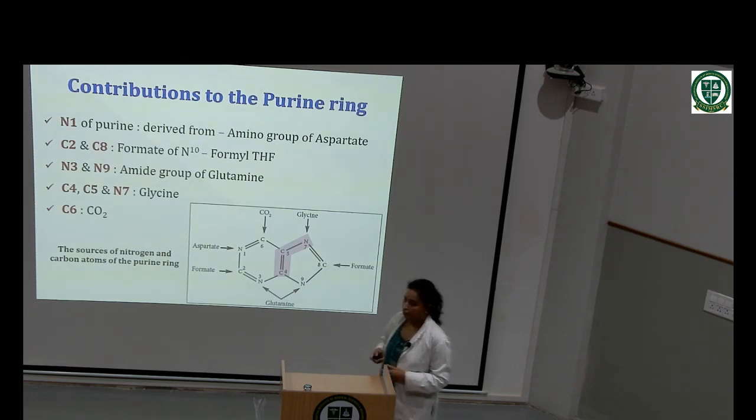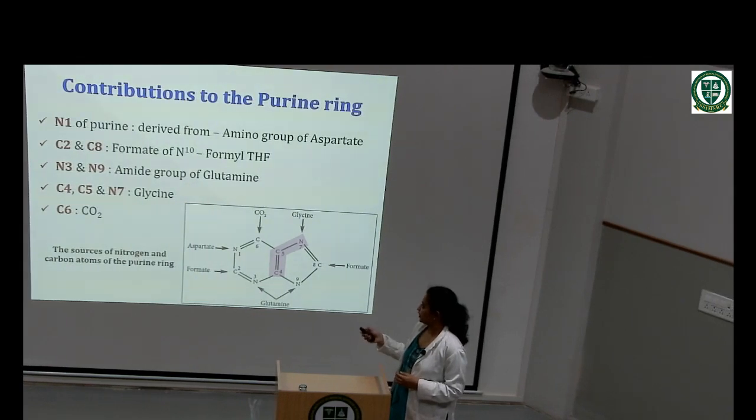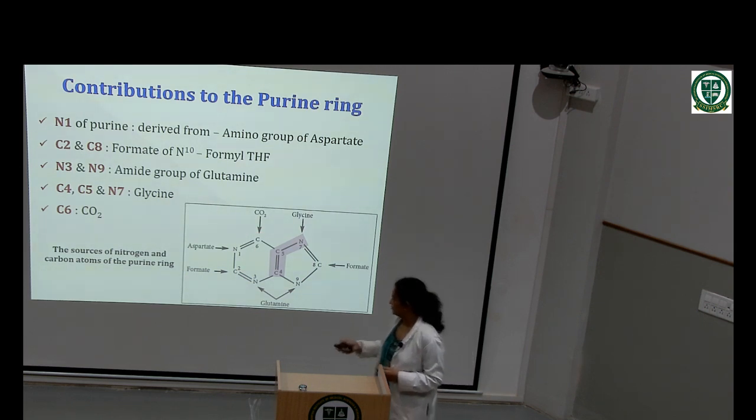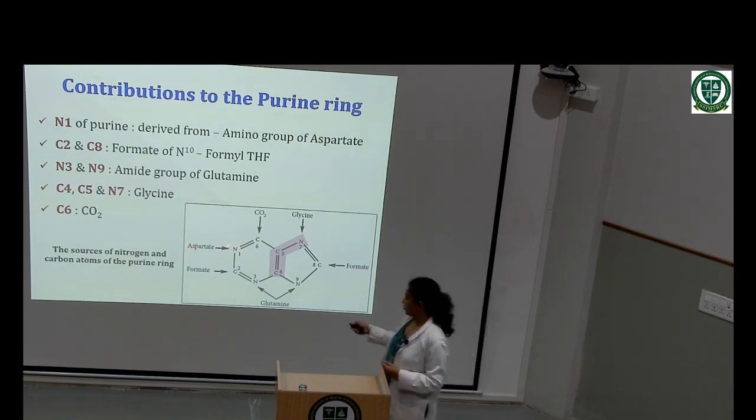Now, before we move on to the actual process of biosynthesis of purine nucleotides, we need to know the contributions of different atoms in a purine ring structure. Nitrogen at the first position, that is N1, is contributed from aspartate. So you can remember that A, the first alphabet of the letter, contributes the first atom.